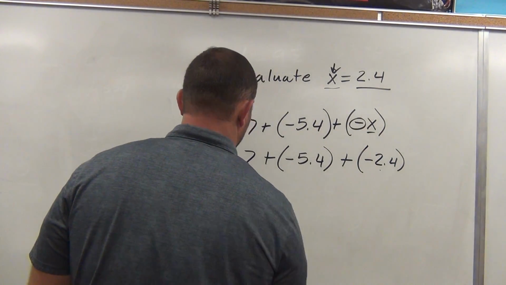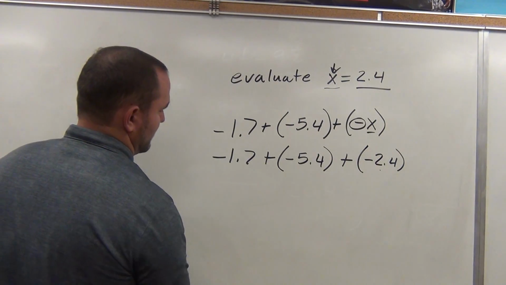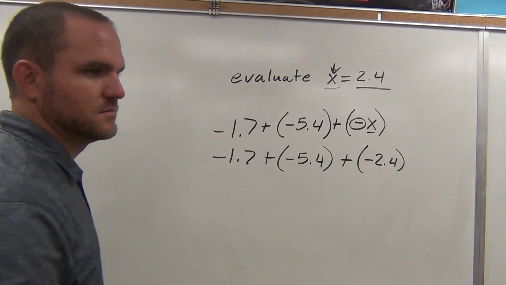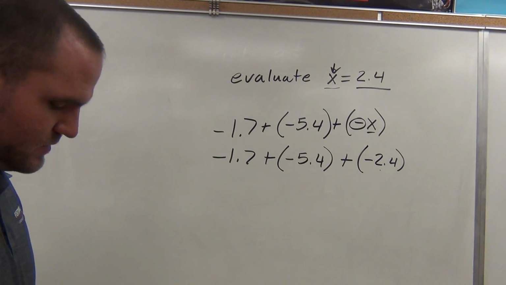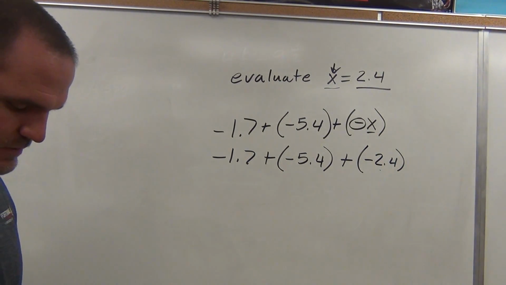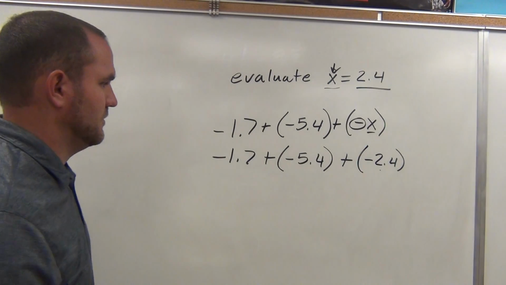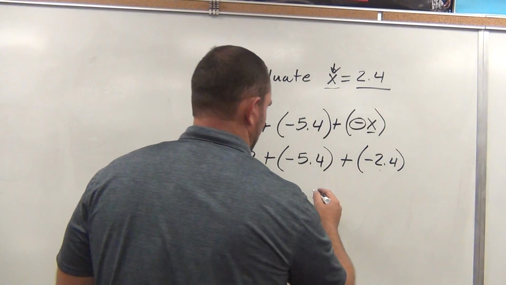And remember, according to our properties, you could put these two together first. We talked about that in the first emerging questions. It doesn't make a difference how it's going to end up.